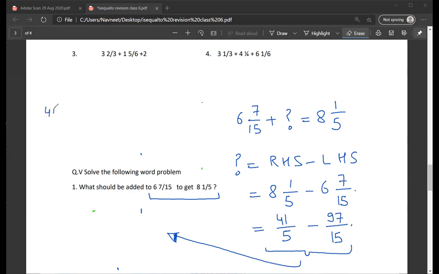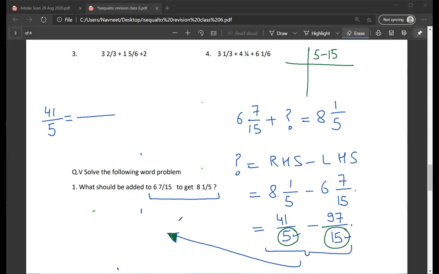When I have to solve this, I'll write 41 by 5 as, see, I need to find the LCM of 5 and 15 first, Mr. Satya. What would be the LCM of 5 and 15? It can be 5. Mr. Satya, how do we find LCMs? Sir, I don't know it in this way.